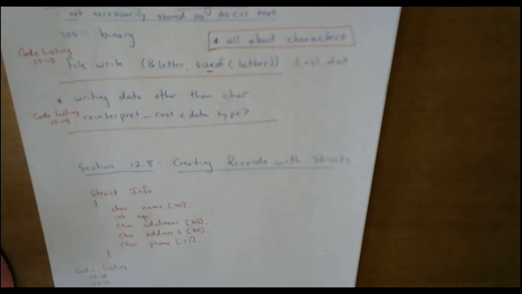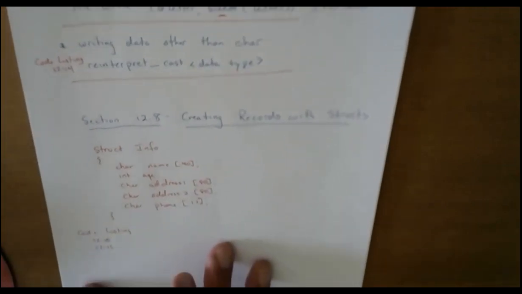But again, the whole purpose of this is working with a binary file. There's less conversions than a text file. Disadvantages, you have to write it as a binary file and read it back in as a binary file. And we're going to do a little bit of work with that.